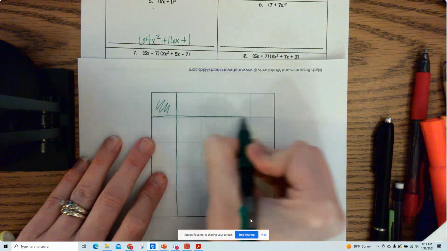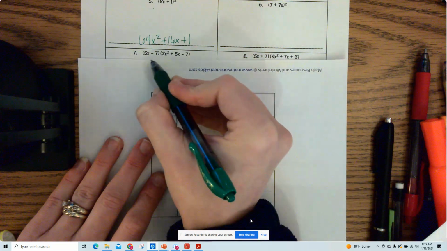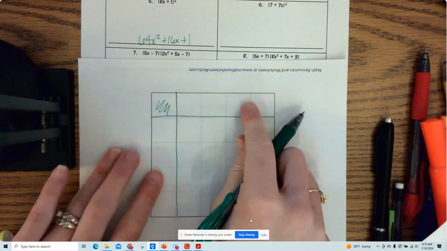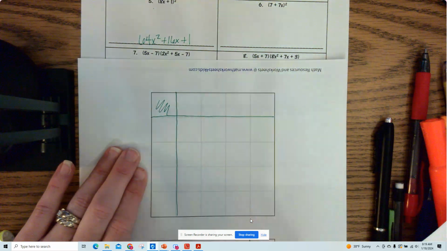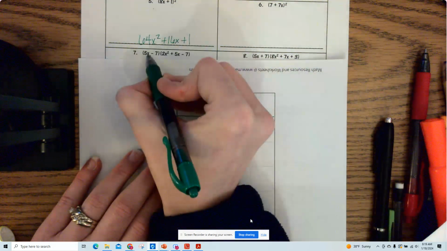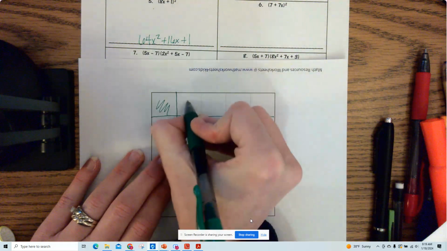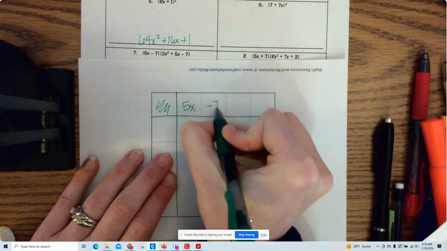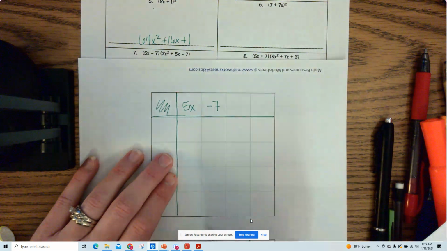Trace the top horizontal line. It does not matter which piece goes where. So I could put the 5x minus 7 here or here. It's not going to change your final answer. I typically just go in order. So 5x minus 7, I would do 5x in the first box, minus 7 in the second box.